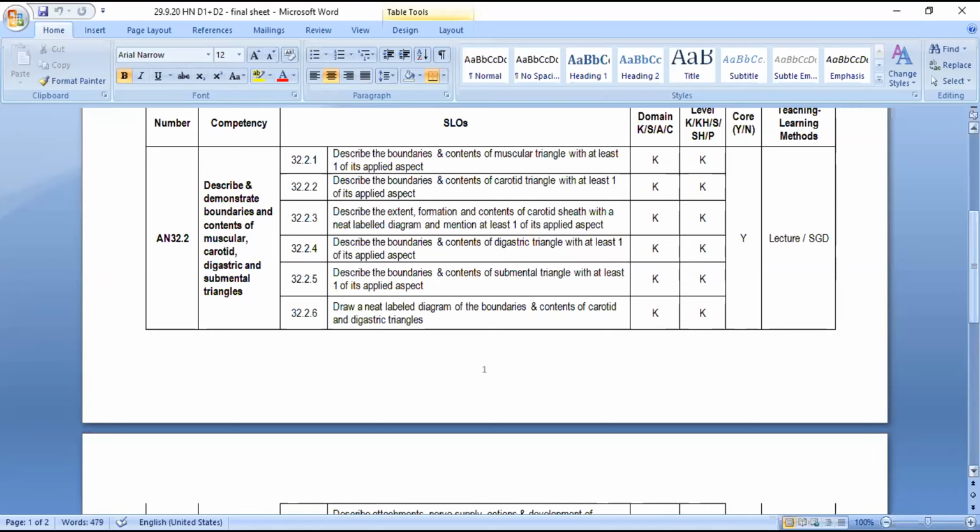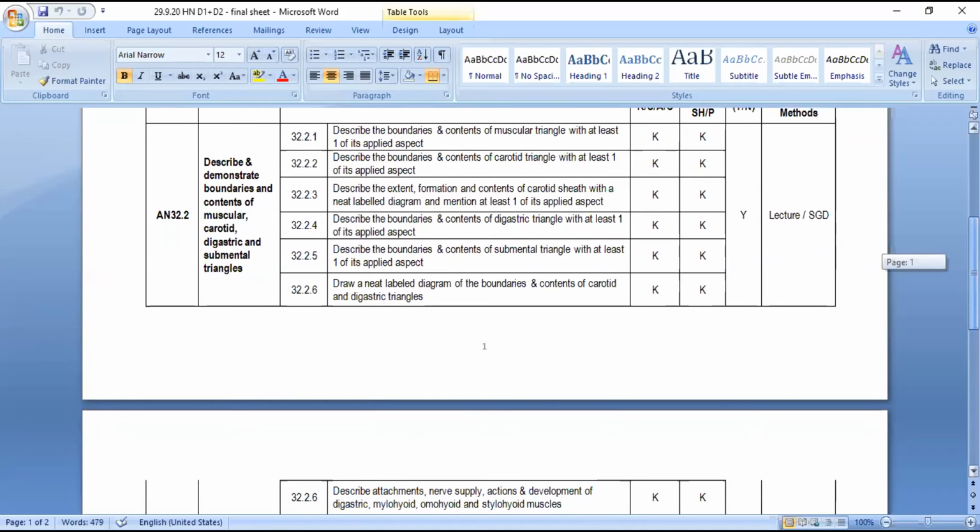So since you have said contents of carotid and digastric triangle, maybe more specifically. It comes under practical part. So that should be included as a separate SLO, madam. 32.2, according to MCI document, it is K/S. Anywhere you have given that identify any of these structures?